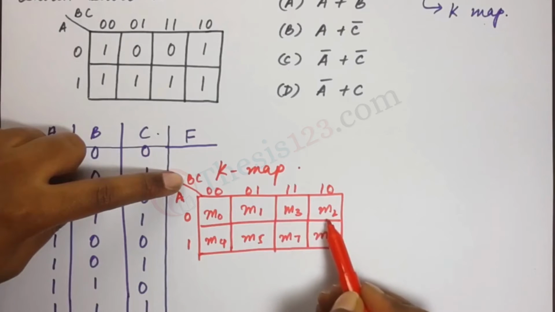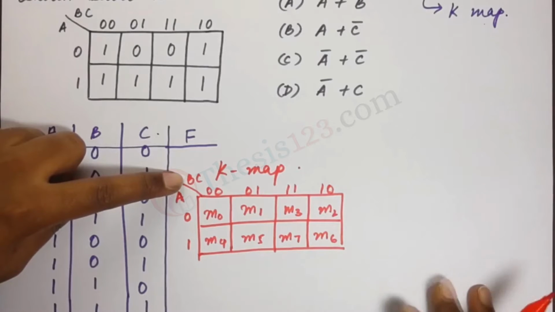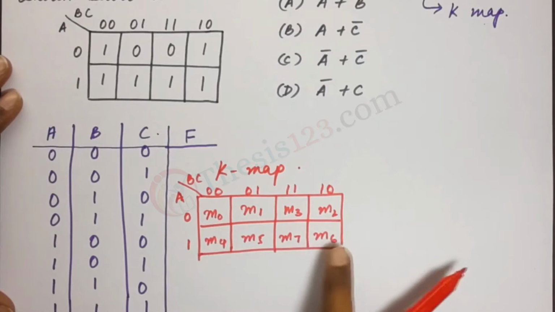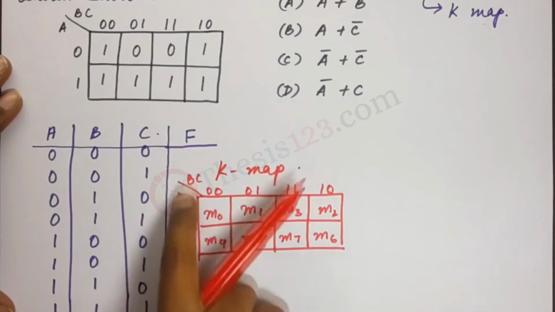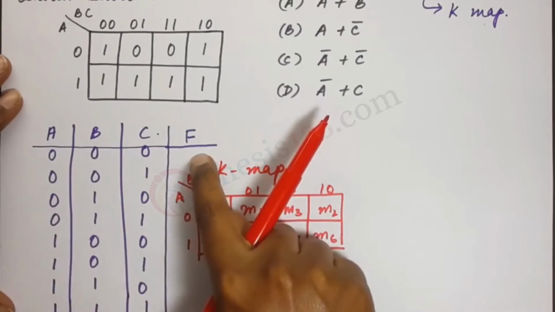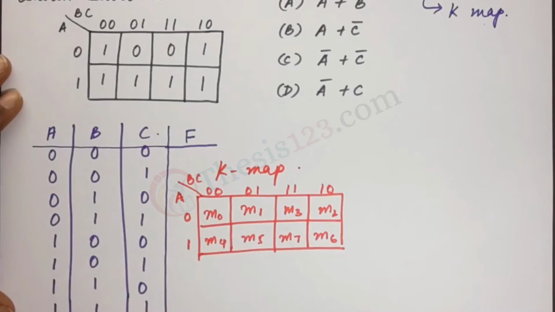M0, M1, M2 here, and then M3. Similarly in this case as well. So M0 to M7 are arranged. That's the output here. The first would be M0, M1, M2, M3, and so on and so forth.